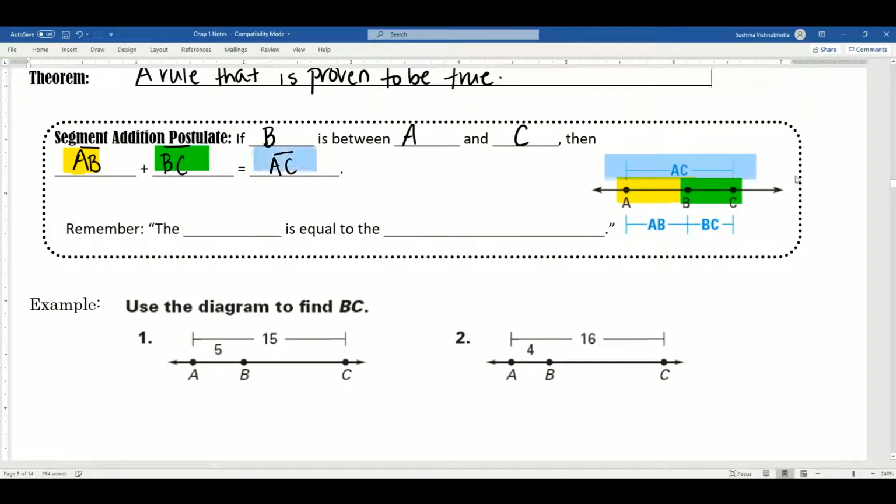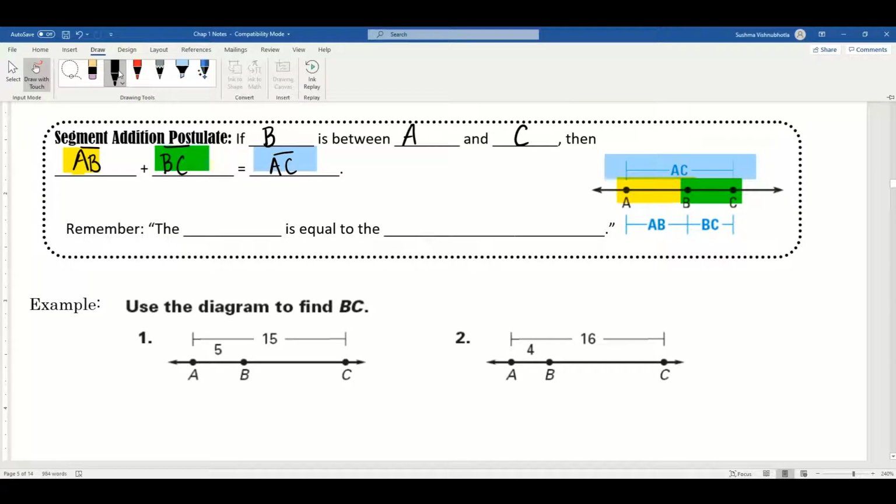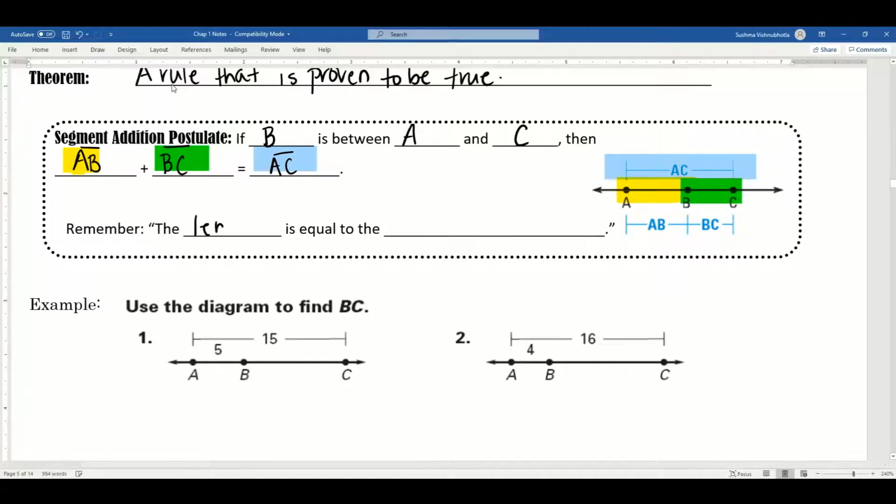Okay, so there's actually 3 different segments here. And remember, the length of the segment is equal to the sum of its parts.